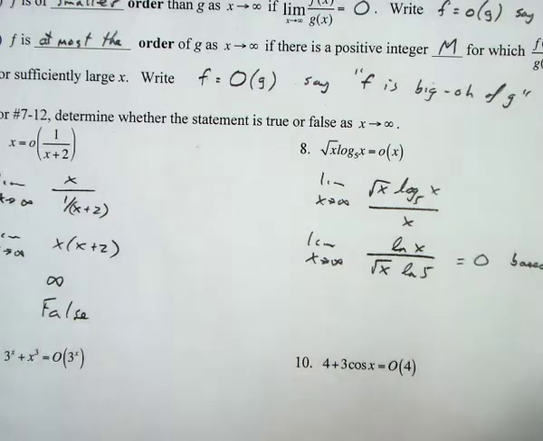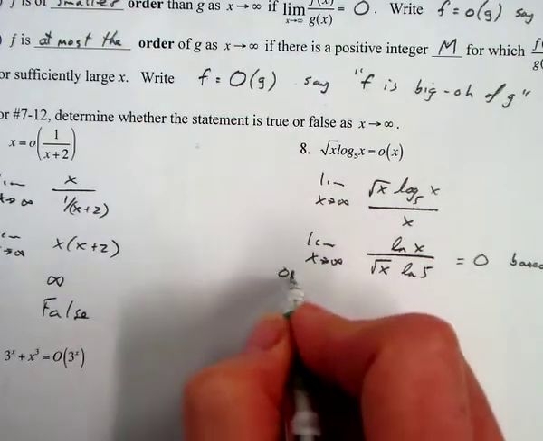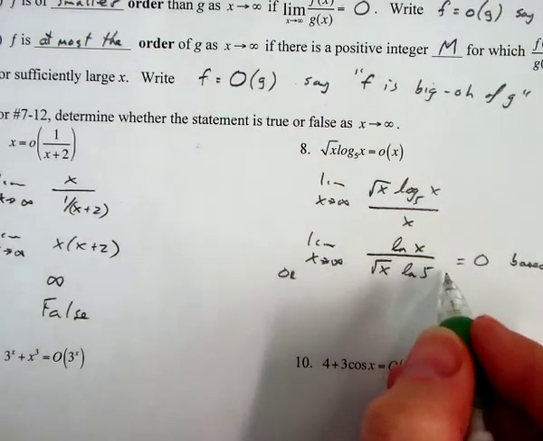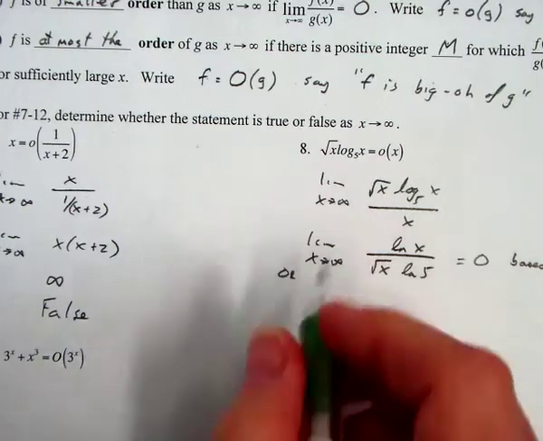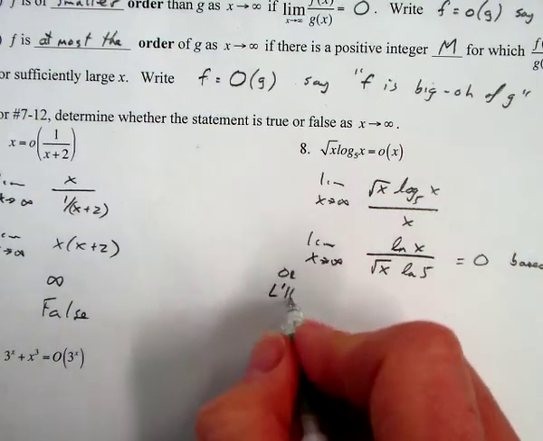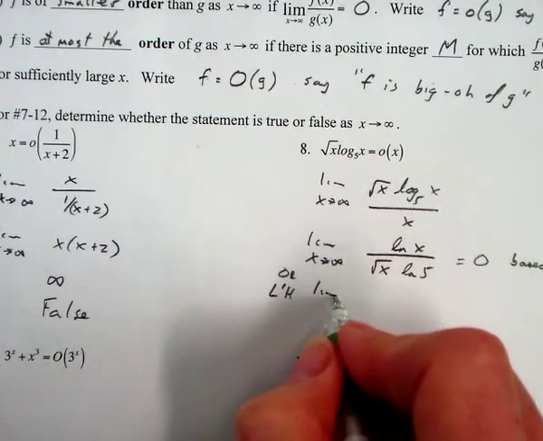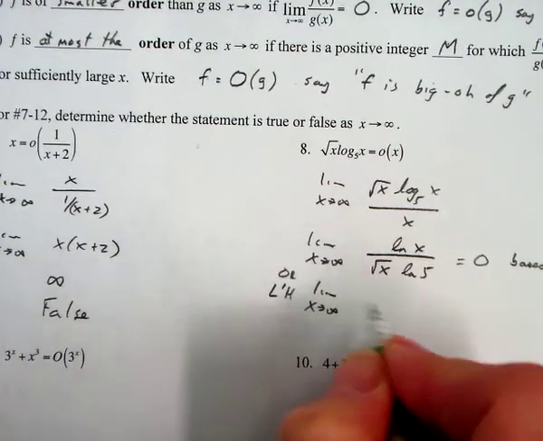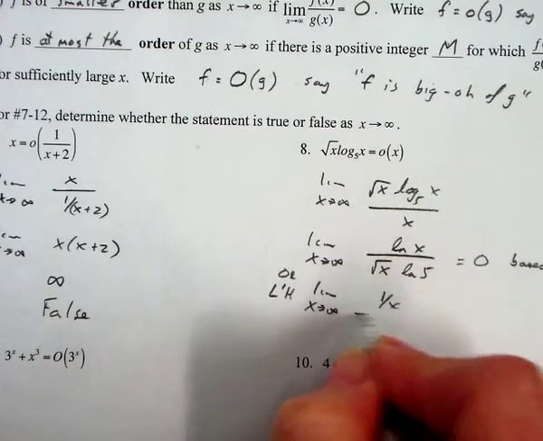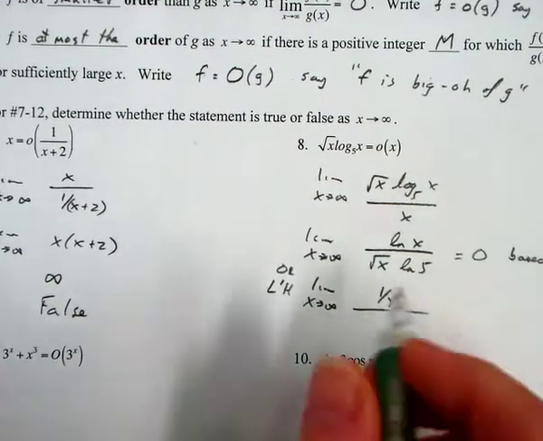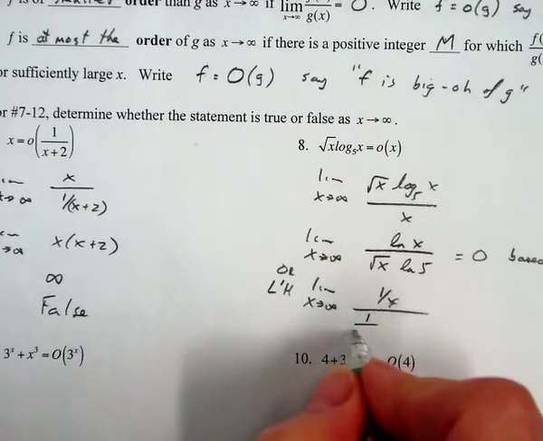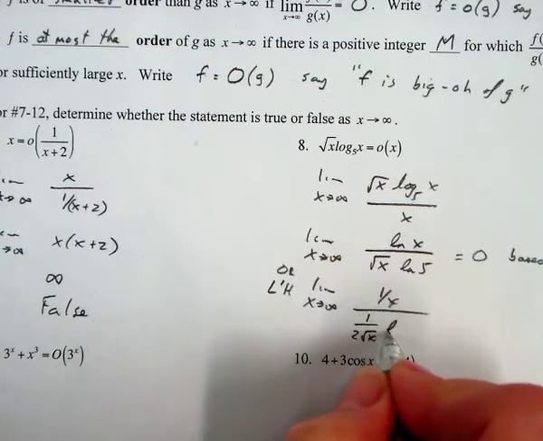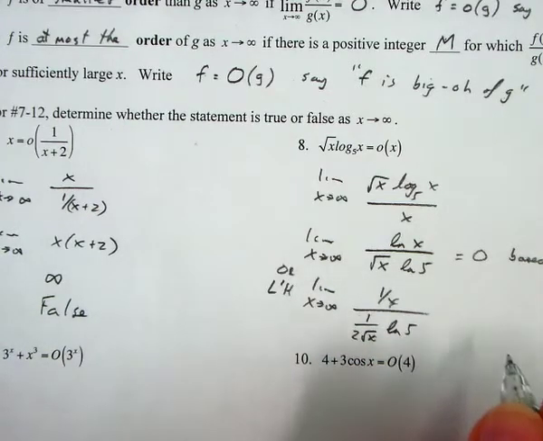So let's say you forgot about that, though. If you're going to infinity, you have infinity over infinity, so we could use L'Hopital's. So we'll have the limit as x goes to infinity of 1 over x divided by 1 over 2 root x, and ln of 5 is just a constant.